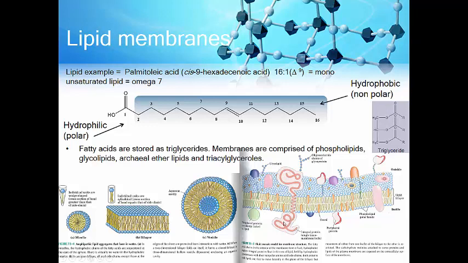Okay, so any of the non-polar residues in here will be tucked into the loop section. Okay, so you've got your sterols, okay, so they're quite non-polar, fitting into the bilayer there.